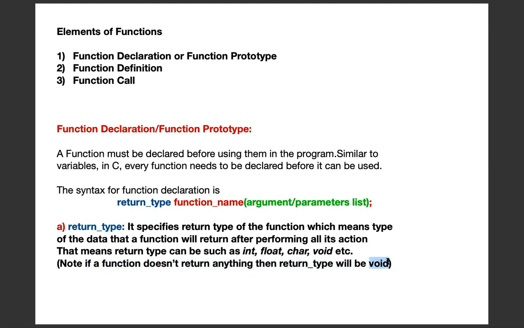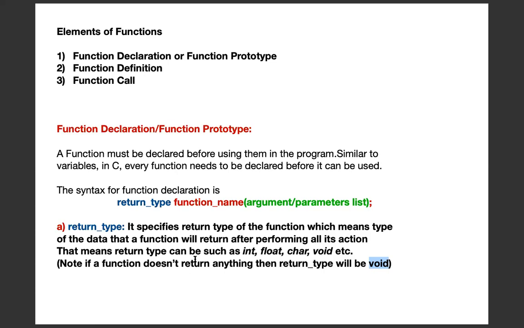Right now the data type we have mentioned is void. What is the meaning of this? The function does not return anything. We will see what is written and all in the next concept, when we learn types of functions based on parameters and return type. We'll see that later on. Keep in mind for now that we have declared it void. We don't know anything other than void right now.